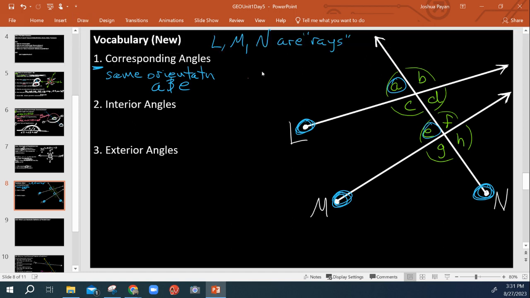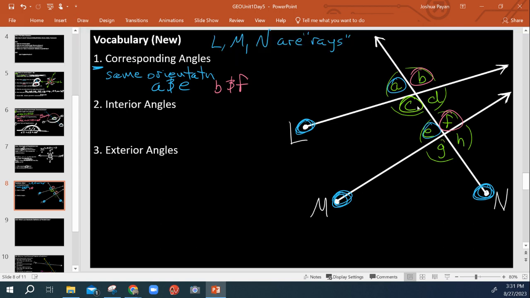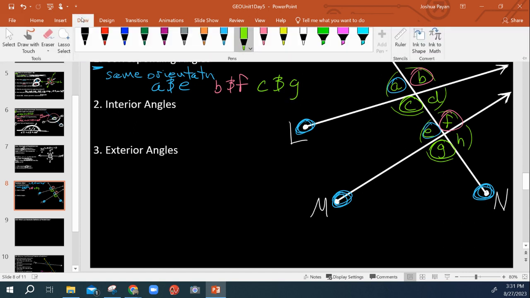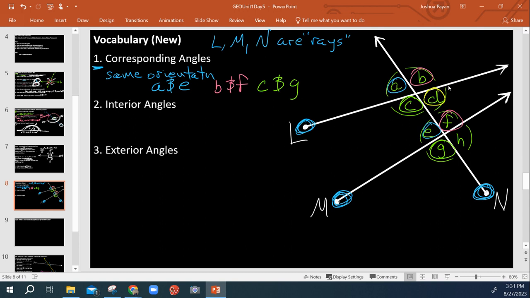We could also say, B and F correspond because they are both top right. And we could say the same about C and G. And I mean, you get where this is going, right? So what is D's corresponding angle? Well, D's corresponding angle would be H, right?